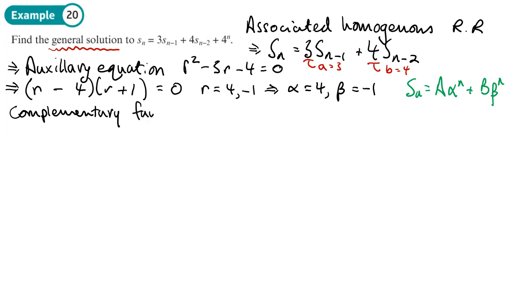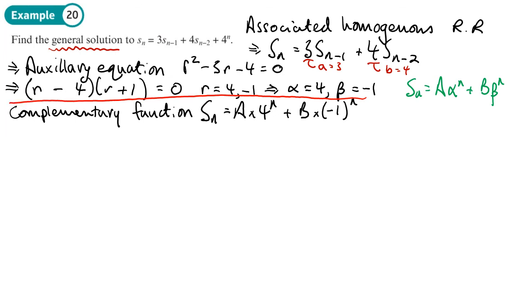So the complementary function will be S_n equals A times 4 to the power n plus B times negative 1 to the power n. We'll just put a box around that so we can see that later on. Of course, we'll need to add this to our particular solution once we've found it.